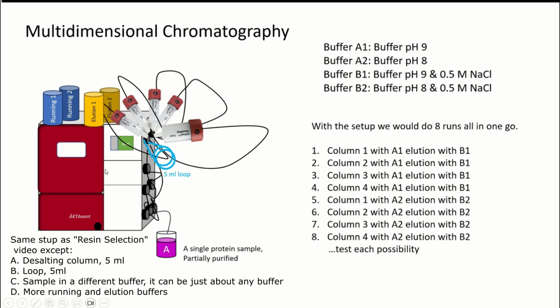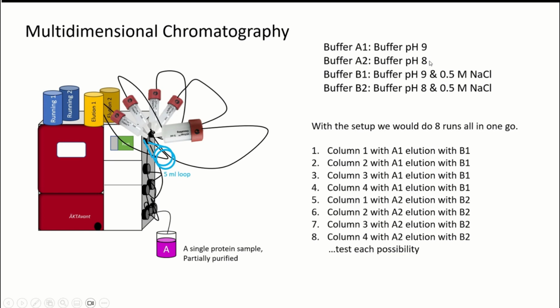Okay, and then our sample is in a different flavor buffer, right? And this time, instead of when we did the resin selection method, where we only had 2 buffers, 1 running buffer and 1 elution buffer, now we have 4 buffers, 2 of each. So one is going to be for running buffers, one is going to be pH 9 and the other one's going to be pH 8.